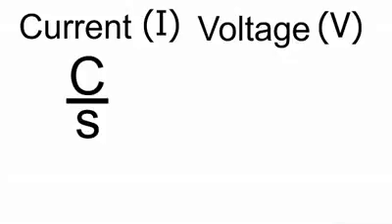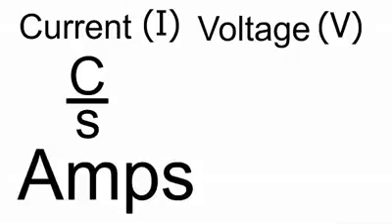So, to summarize, there are 2 fundamental quantities in electricity, current and voltage. Current is the easier one. It's just the number of coulombs that are passing a point in a second. It's given the symbol I, and its units are amps. But don't forget, 1 amp just means a coulomb per second.